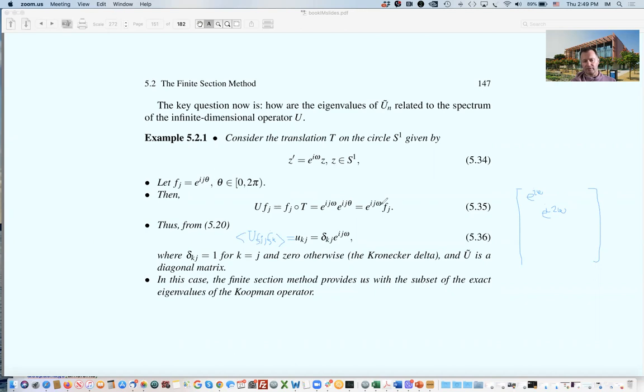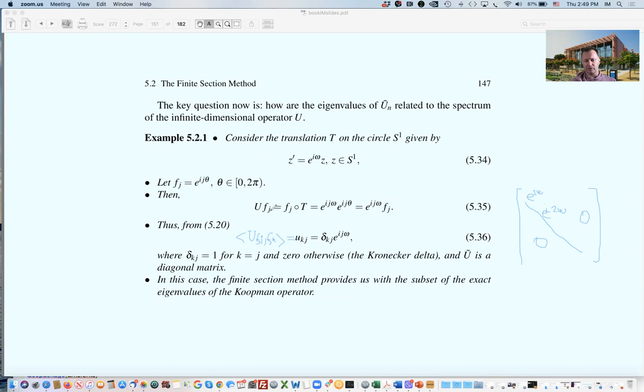This is clear from this representation. We have a diagonal and zero off the diagonal.